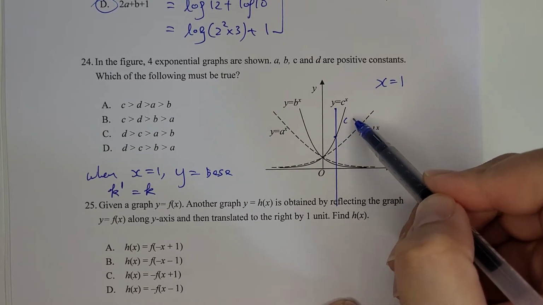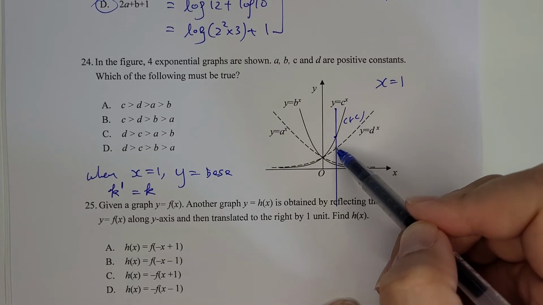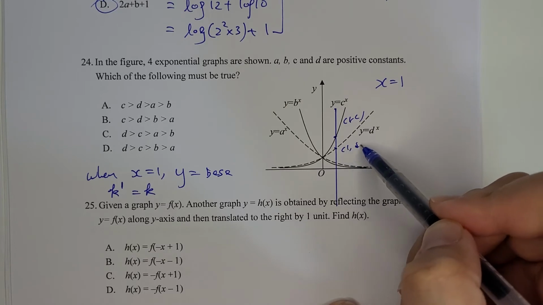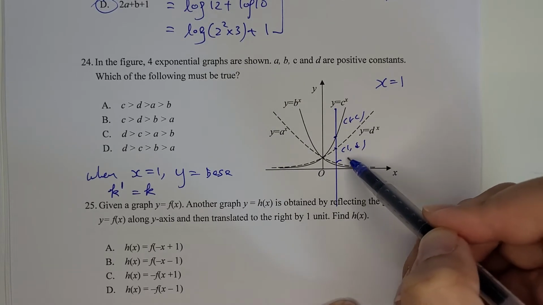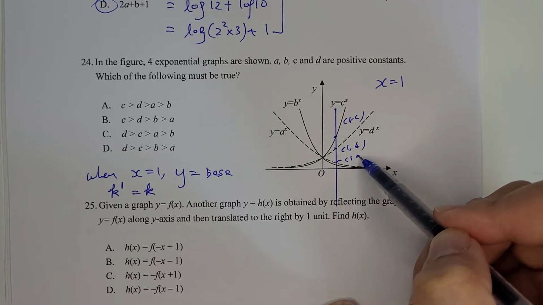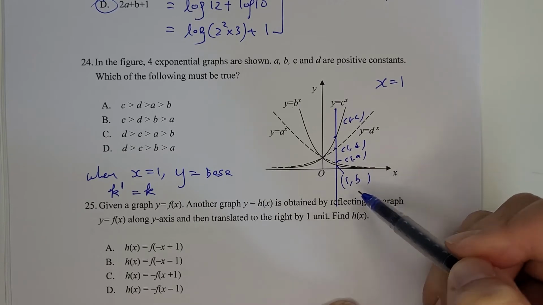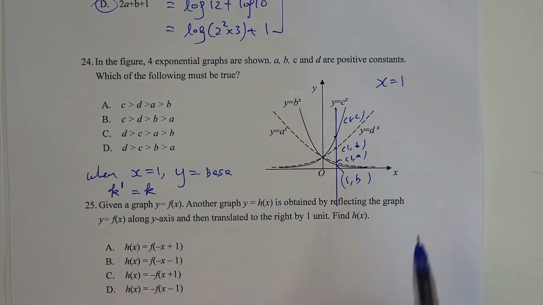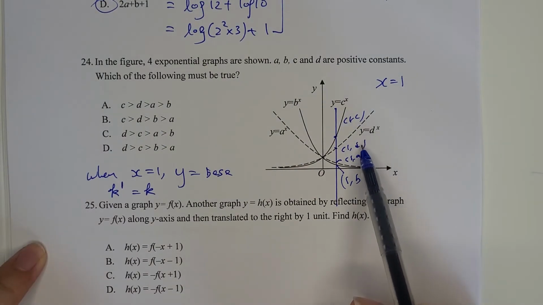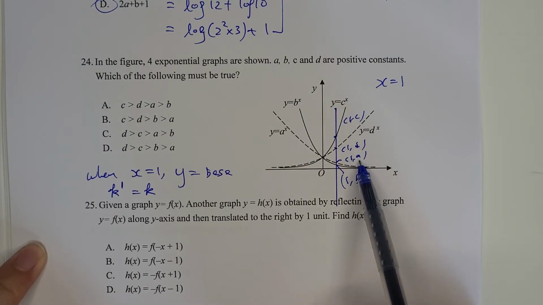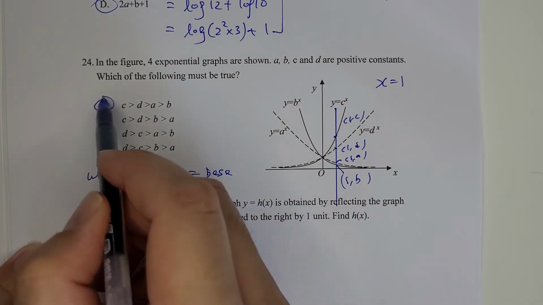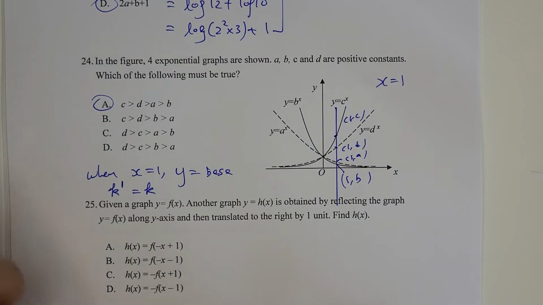This point, 1, c. Second point, 1, d. And this point, 1, a. Finally, 1, b. So which one will be the greatest? Of course, c. And then d. And then a. And then b. So final answer is A. Capital letter A.